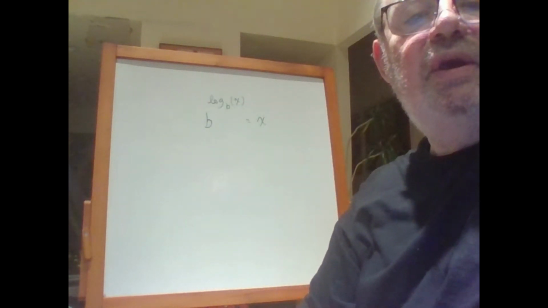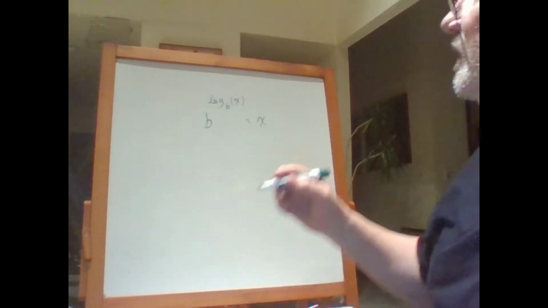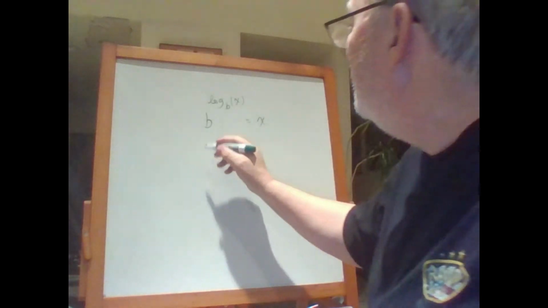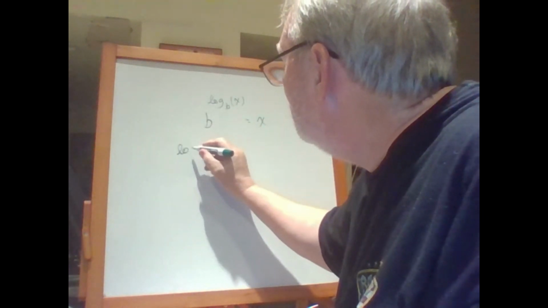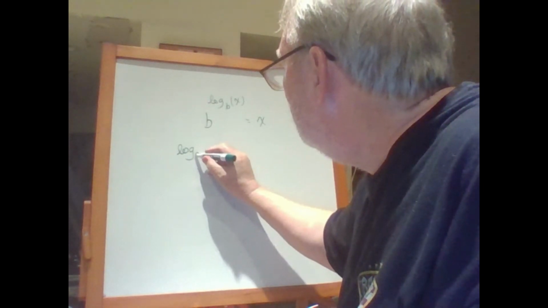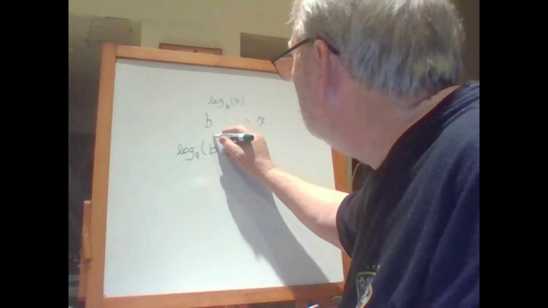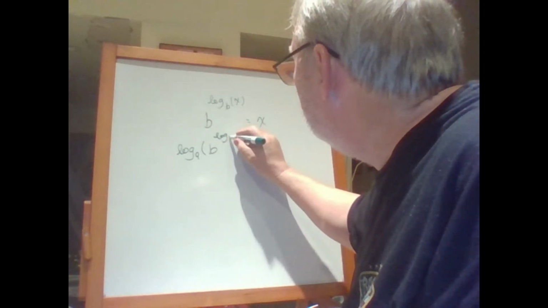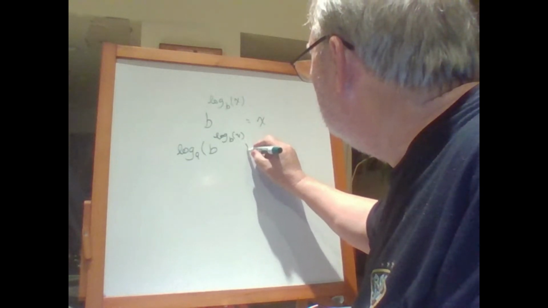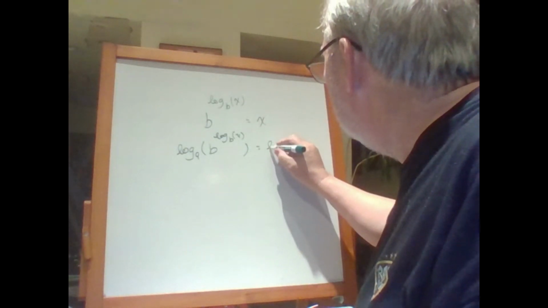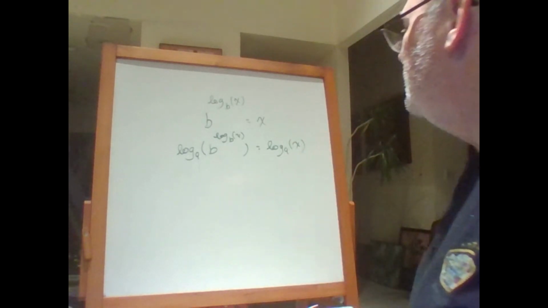So if we take log a of this, we have log base a of b to the log base b of x equals log a of x.